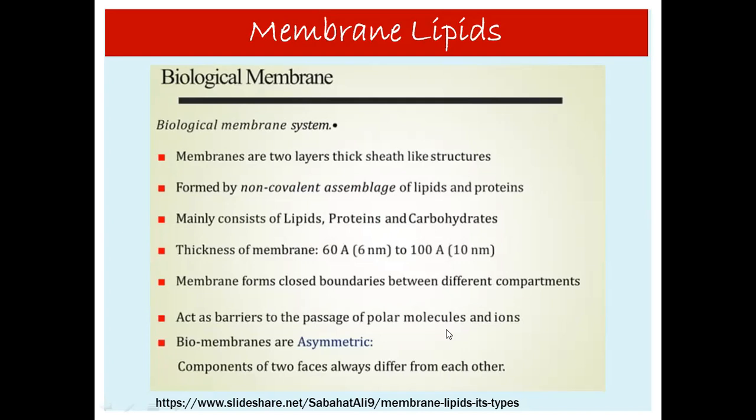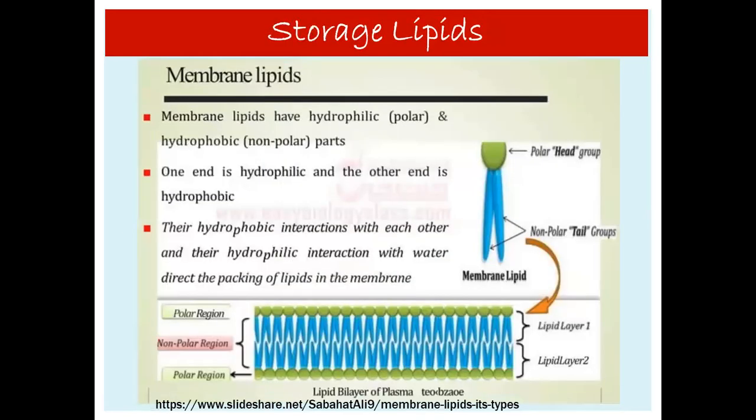That is a very special feature of biological membranes. It has huge significance, but it is not possible to discuss everything in this limited time. So very briefly, we'll see the different types of membrane lipids.